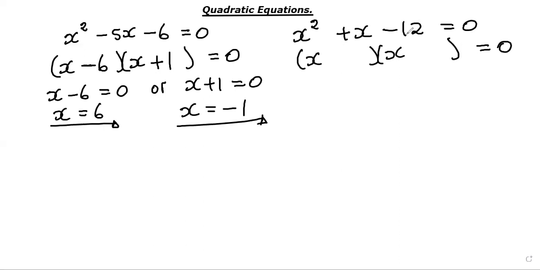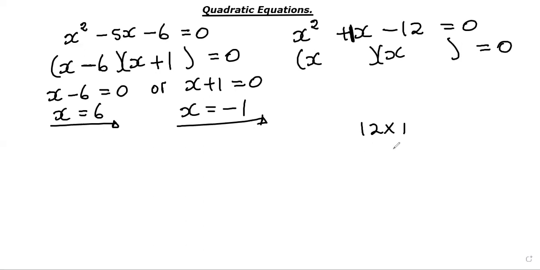And here we say, what are factors of 12 such that if we add or subtract, we have to get +1, which is the coefficient of the middle term? Do you see that? So once again, we have to write all the possibilities for the last term. So for 12, we can have 12 and 1.